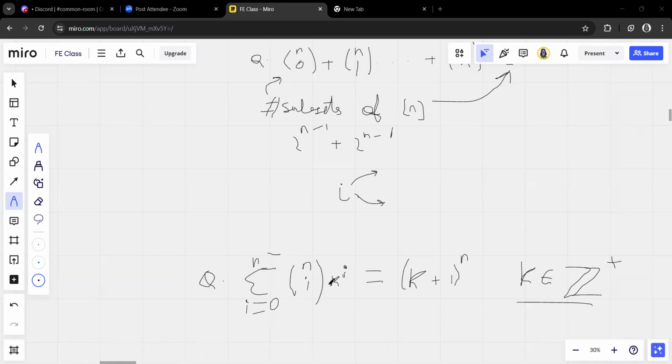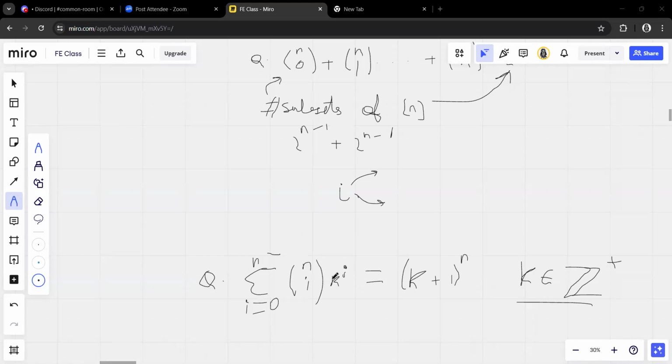If we set up the induction hypothesis, we suppose k works. Then we try to prove for k plus 1. As k works, we have the expansion for k plus 1. When we put k plus 1 in place of k, we substitute the expansion, and we find that the LHS will be equal to the RHS.